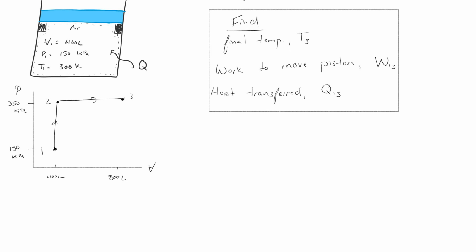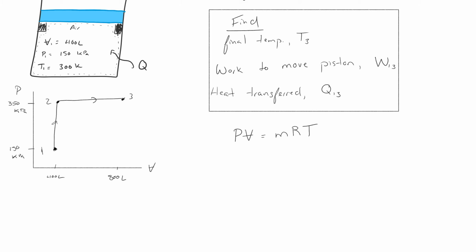And what I'm going to do here is begin by writing the ideal gas equation of state as given in lecture. When you see problems involving ideal gases, it's always a good idea to write down this equation because it gives you a jumping off point for some of the things that you're going to be finding.